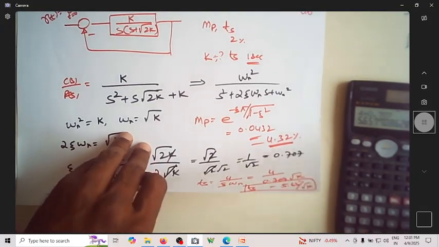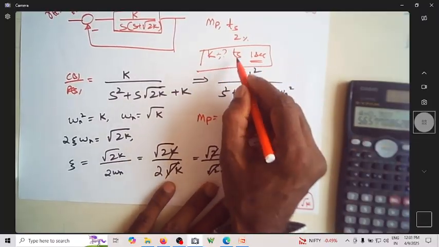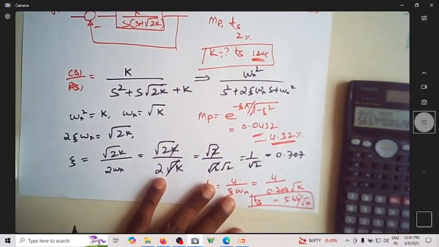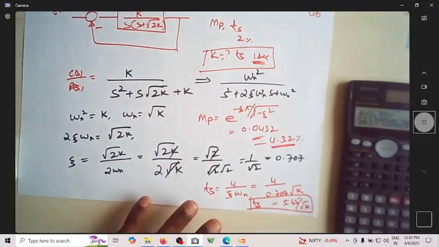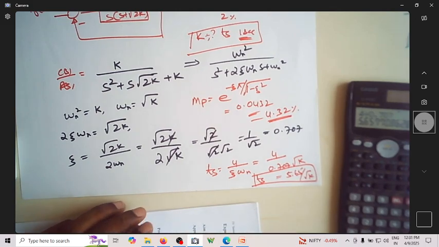Then what is the second part of it? You are asked to find the value of K if the Ts has to be 1 second. So now there is a second condition. What is the value of K so that the 2% settling time is 1 second? Let us find that.